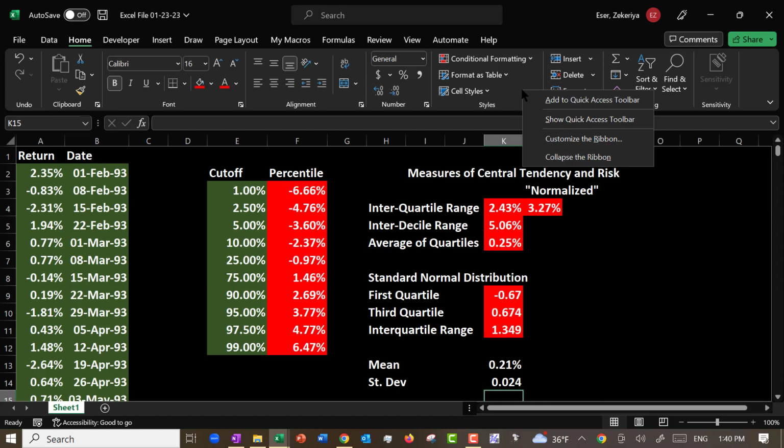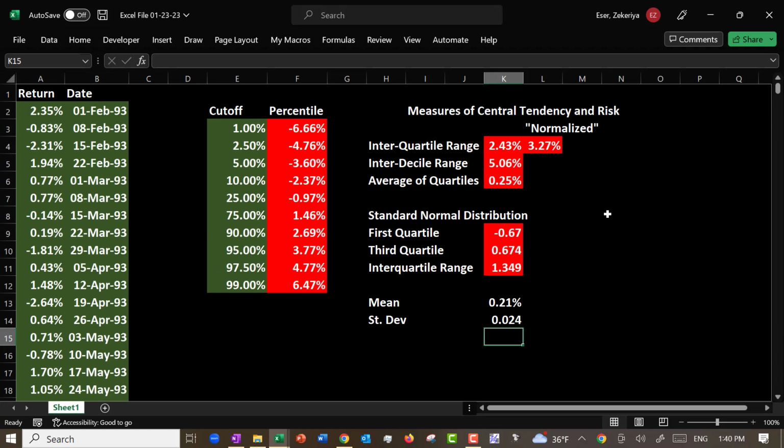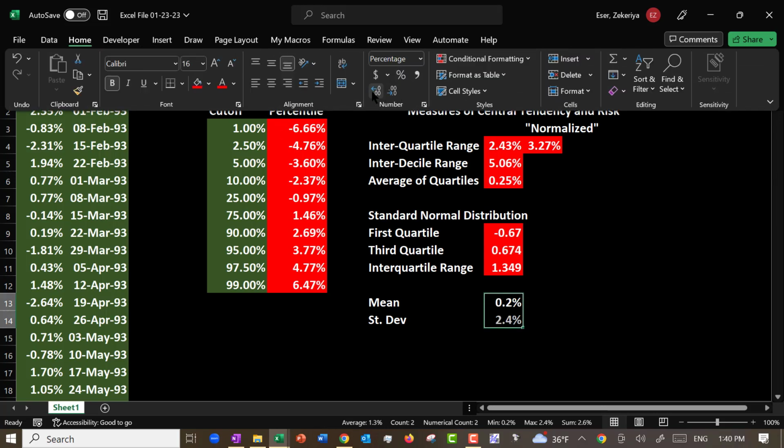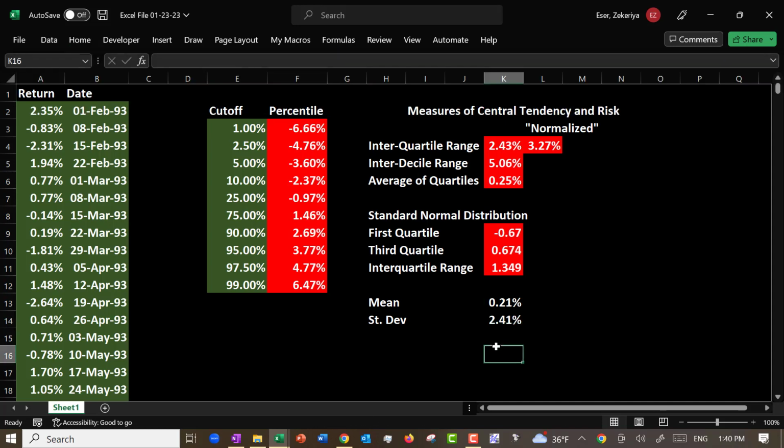Smaller. If I also collapse the ribbon, I get more real estate here. Now let's think about the non-normalities.